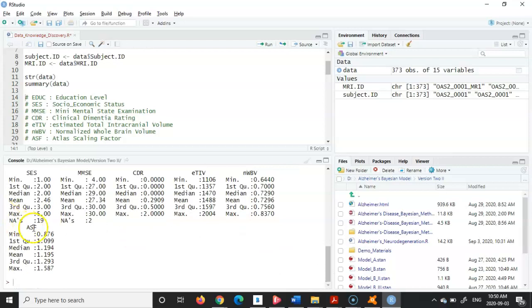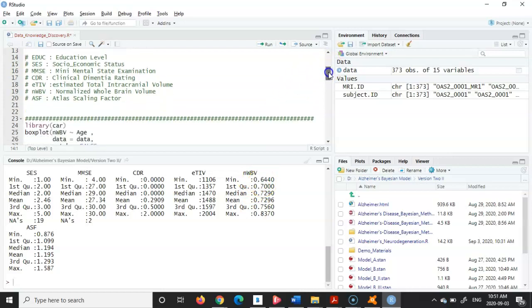And also we have the Atlas Scaling Factor, and in case you are interested to know what that is, you can refer to the source which I have put in the resource section of the same tutorial. However, we're going to work with the normalized whole brain volume, which is normalized, and that's why it's less than 1.